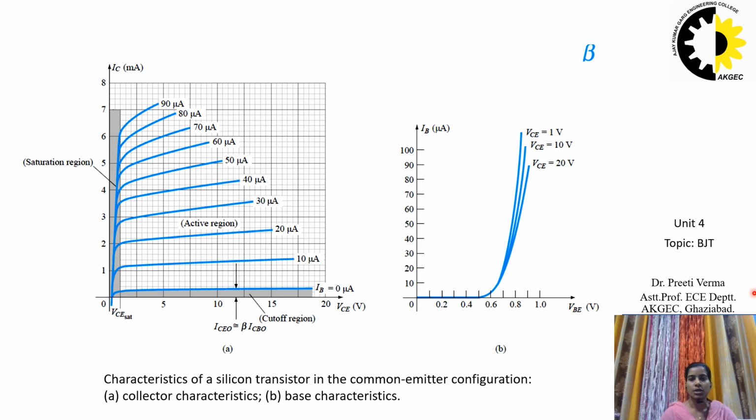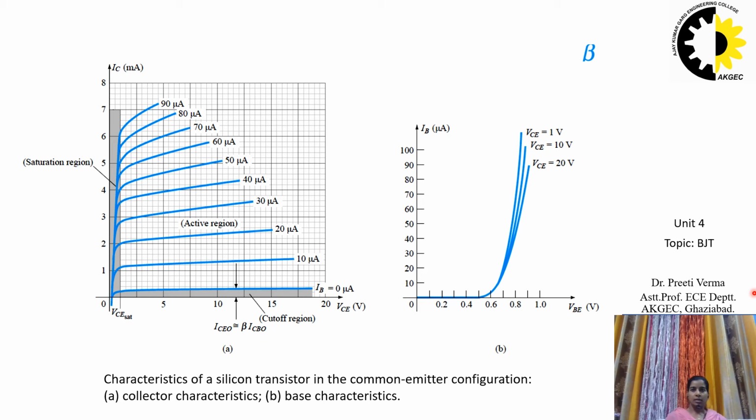The active region for the common emitter configuration is the portion of the upper right quadrant that has the greatest linearity. That is, that region in which the curves for IB are nearly straight and equally spaced.